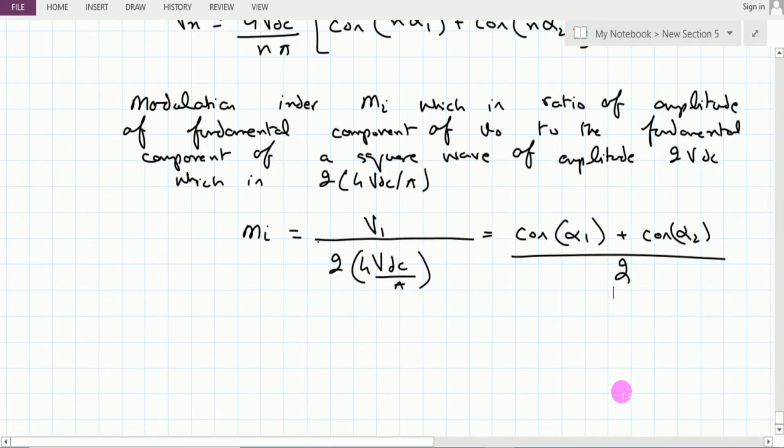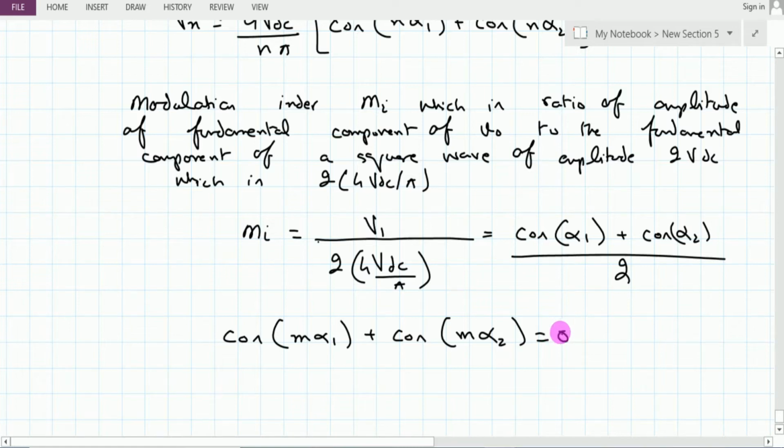So this alpha 1 and alpha 2 are the key factors in eliminating the selected harmonics from this particular system. So we can choose these alpha 1 and alpha 2 such that we have cosine m alpha 1 plus cosine m alpha 2 becomes equal to 0.